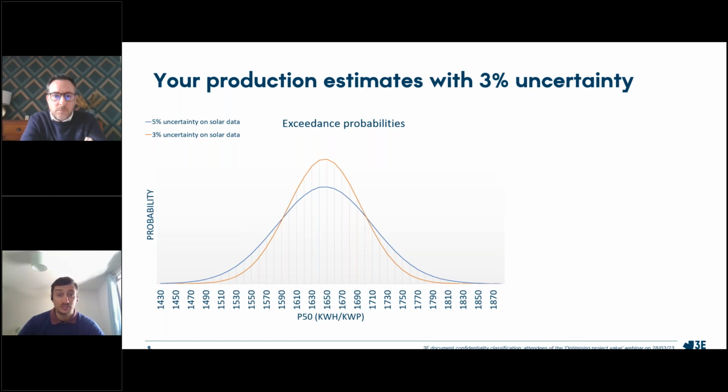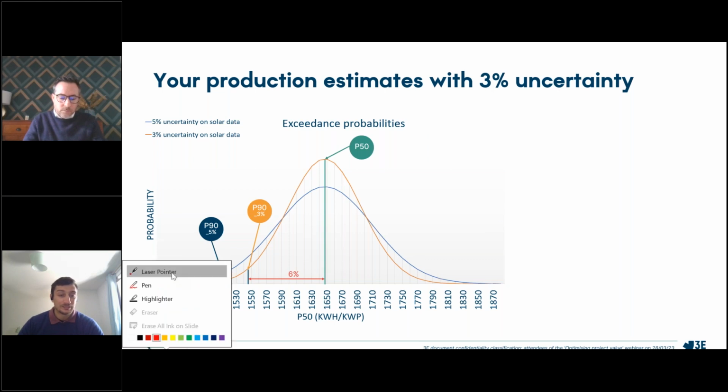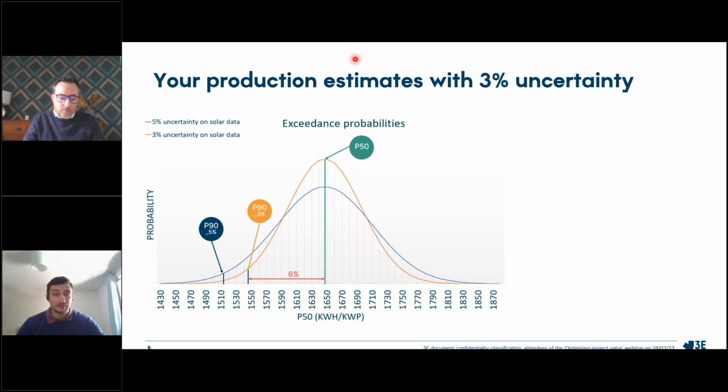You can already see that it is more concentrated. It's less wide, it's more narrow, because we have reduced the standard deviation. So the older P90 was close to 1,500. Here, we can see that we have a better P90 value, which has the exact value of 1,544 kilowatt-hour per kilowatt peak.